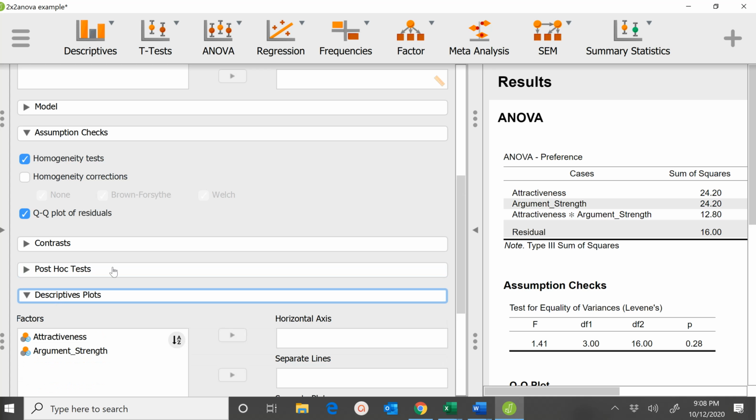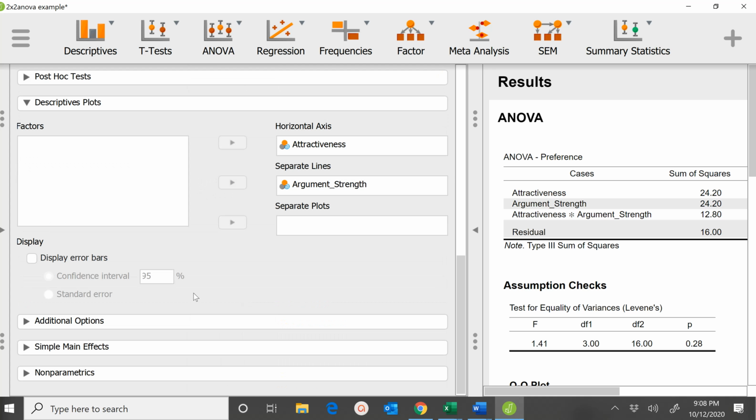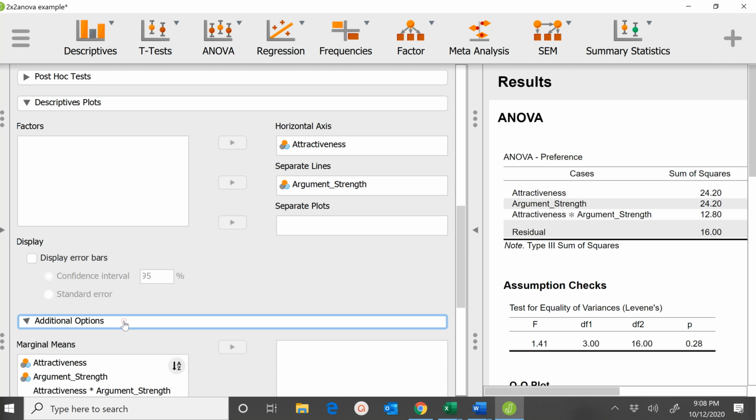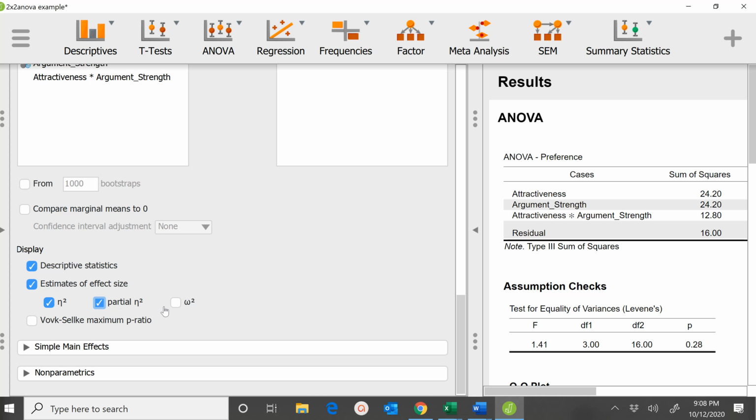For descriptive plots, probably a good idea to look at a plot of our IVs and how they might be related to the DV. Under additional options, we definitely want the means. For effect size, I'm going to get the partial eta squared.